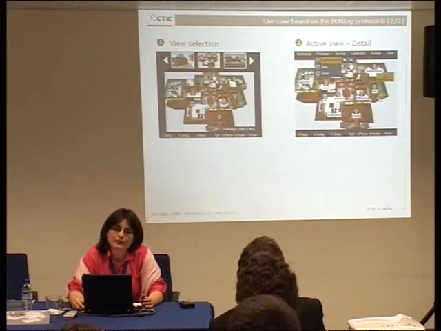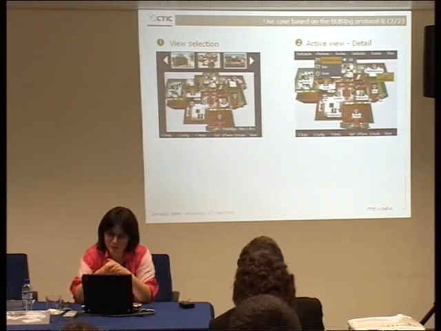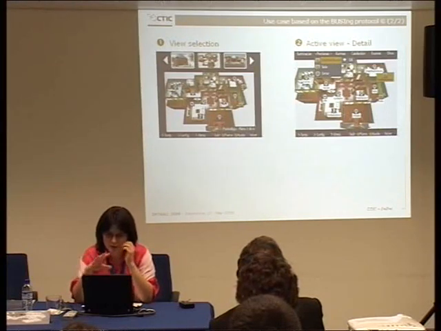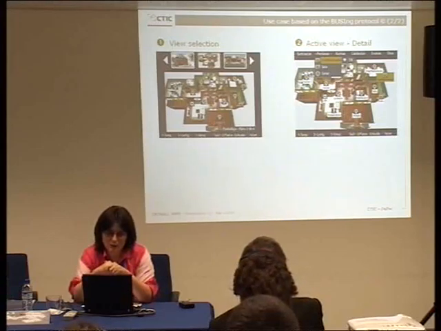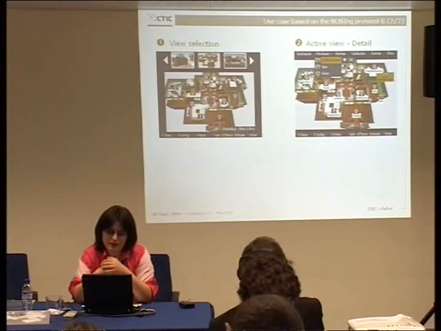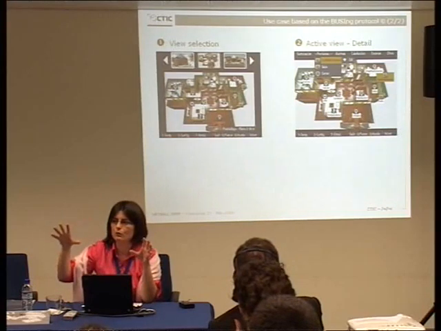Here we have two shots of the two basic functionalities where we can analyze a lot of different typical projects and different cases of different installations. These are the two main issues. First of all, it is view selection. We select between different views or maps.